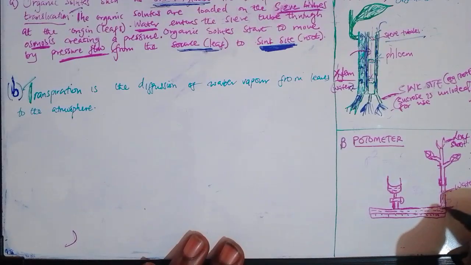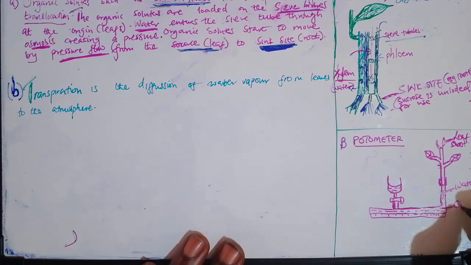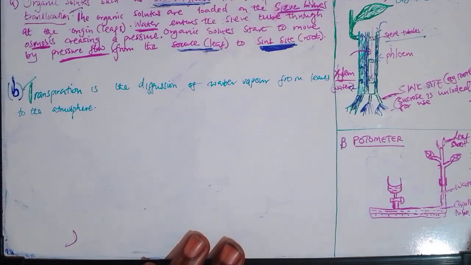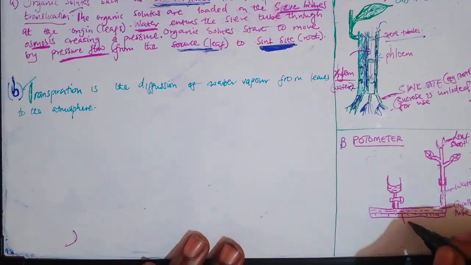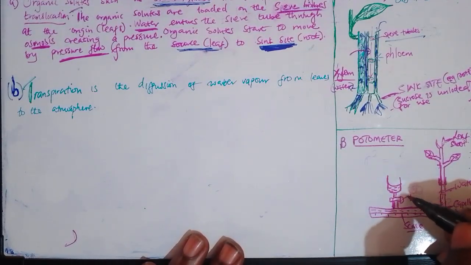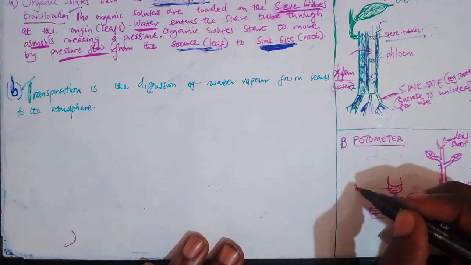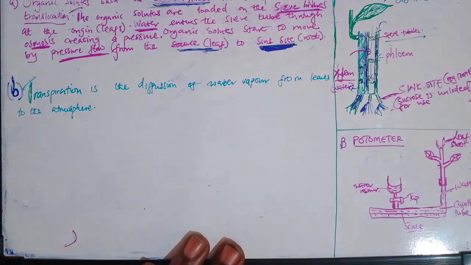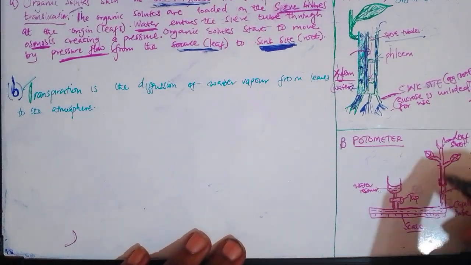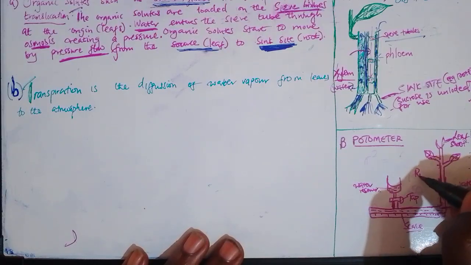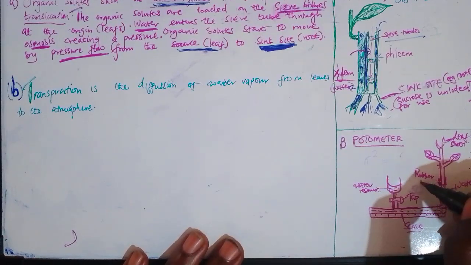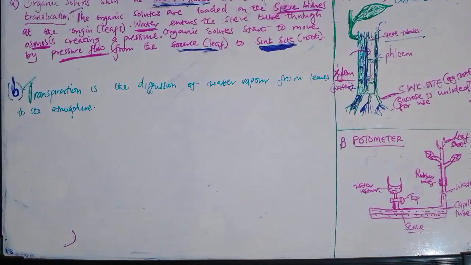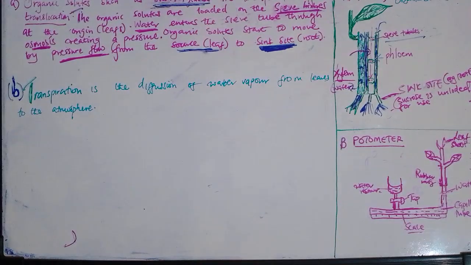Then this tube is known as the capillary tube. Then we have a scale here which will help us to measure the distance. We have a tap and we have a water reservoir. Yeah. Then we have also the rubber bag. So this is how a potometer looks like.